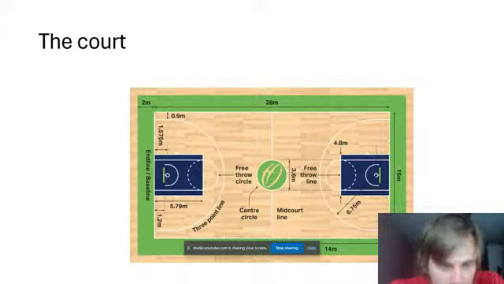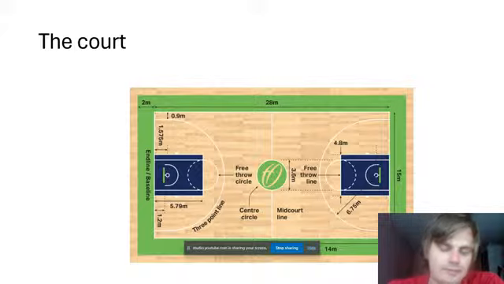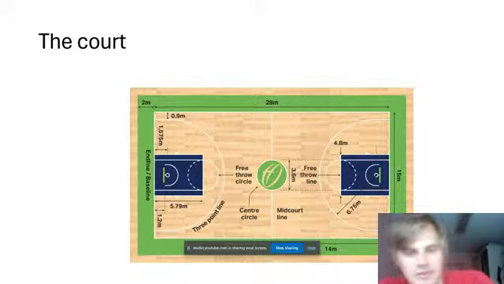From the back, we also have a radius of the whole 3 point line. That's 6.75 meters.